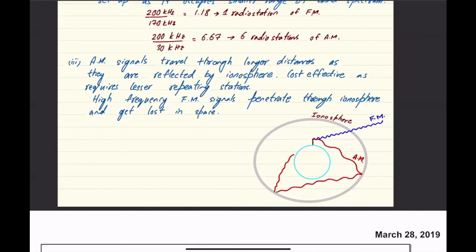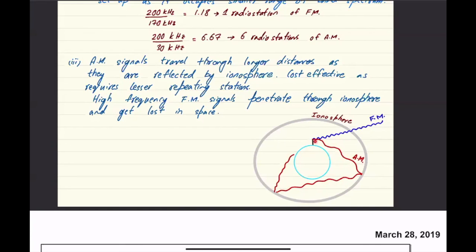So from one point on Earth to another point on Earth, AM has a longer range of transmission. You can transmit information through longer distances with the help of amplitude modulation. Like with one transmitting station, you can also operate throughout the country.